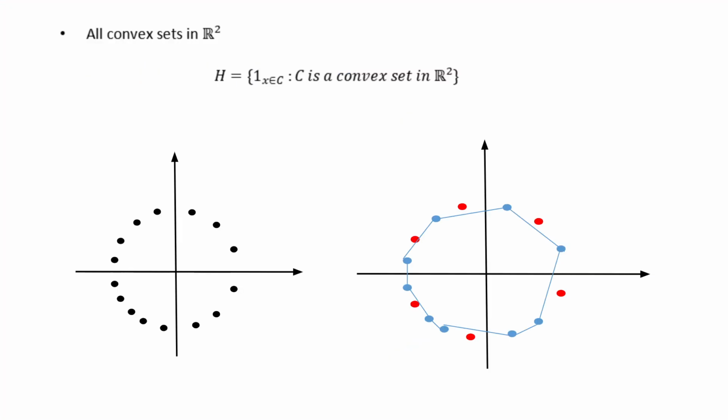Now let us consider an example where, as shown in the figure, we can see there are a number of points situated in R squared, which is a two-dimensional graph. If we try to randomly color these points red and blue, as shown in the figure, we can draw a convex polygon which would separate the reds from the blues.